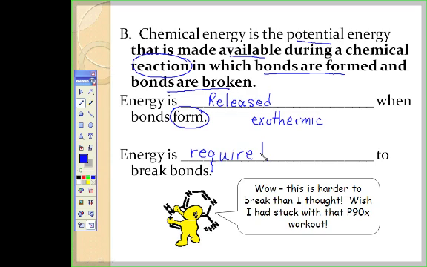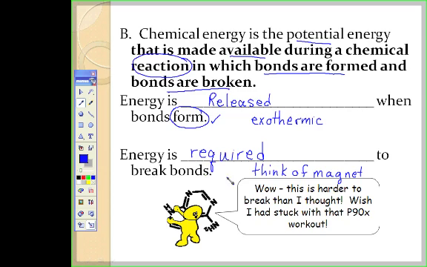You can think of a bond as a magnet. It takes energy to pull two magnets apart. If the magnets are strong, when you're getting them close to one another, they'll actually pop out of your hands in order to get near one another. That would be the analogy to energy being released.